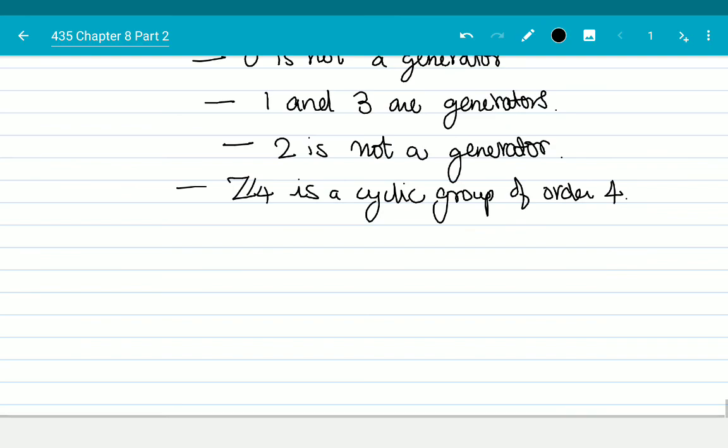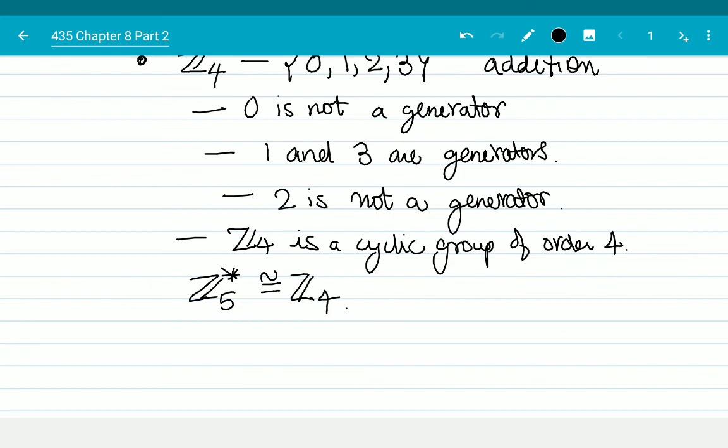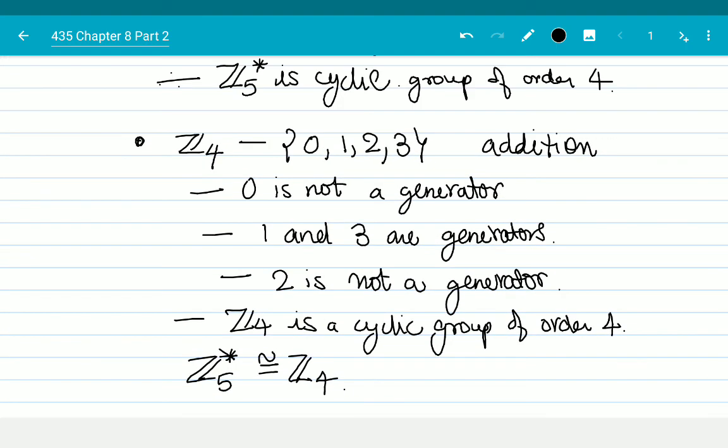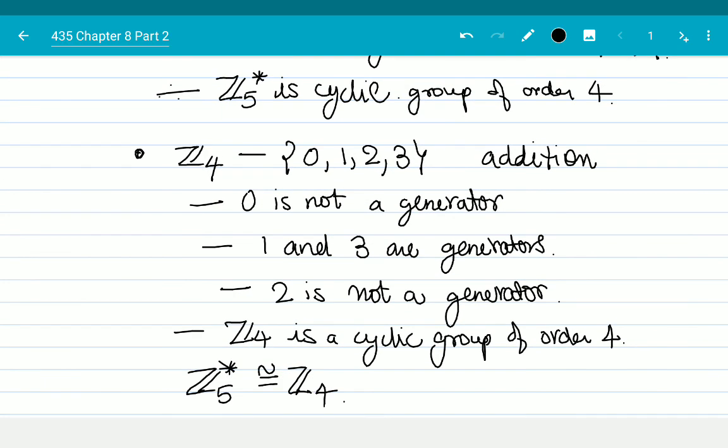So I will write Z5 star is isomorphic to Z4. This is probably not something you'll need in this course. I might not test you on it on the exam, but it is good information in case you're ever curious.